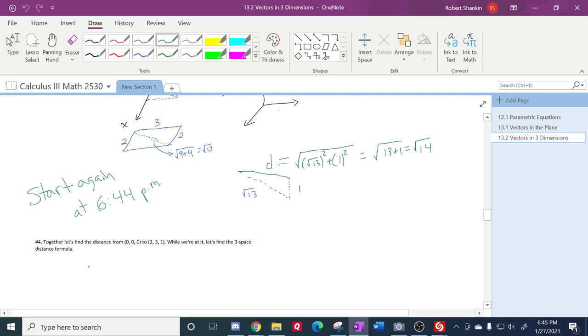And then it's all within the square root. So it's going to be d equals the square root of x2 minus x1 squared plus y2 minus y1 squared plus z2 minus z1.